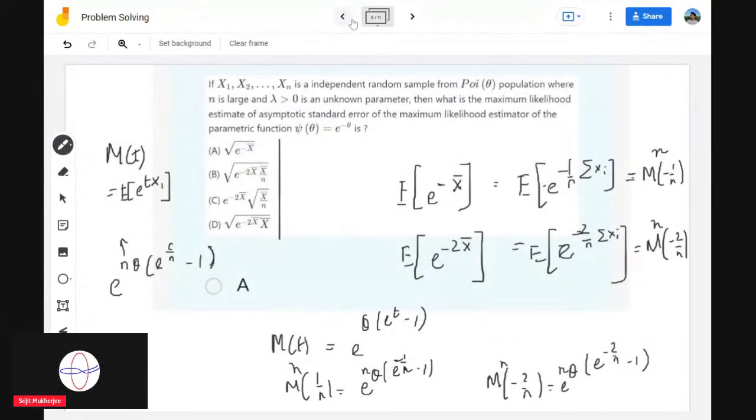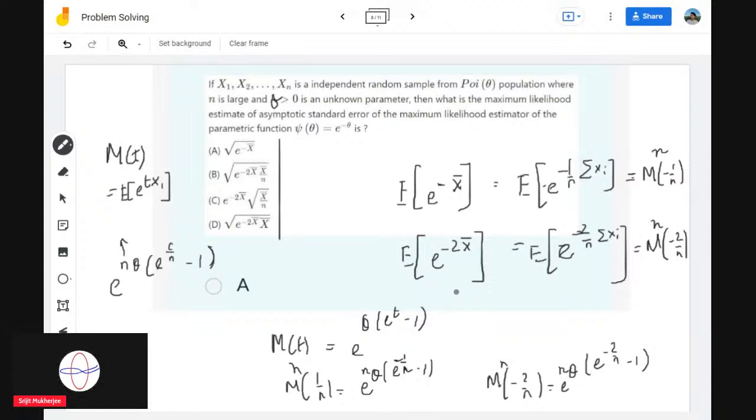I mean, the asymptotic variance of the MLE with theta though. What is the issue, guys? Tell me. If I have made any mistake, please tell me. Do you find any mistake over here?